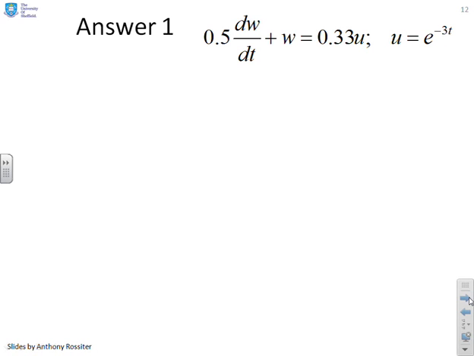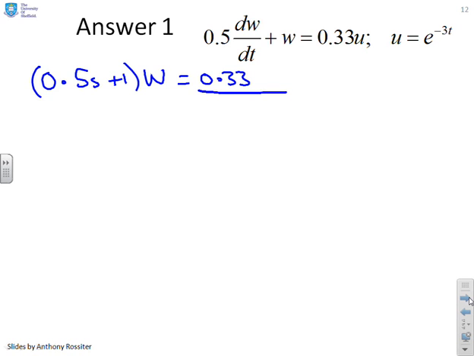First one then, so I've got 0.5 dw/dt + w = 0.33 u. So what am I going to do? First I'll take Laplace as ever, and I'm going to get (0.5s + 1) W = 0.33 times the Laplace of u(t), which I know is 1/(s + 3), so I'm going to put that straight in.